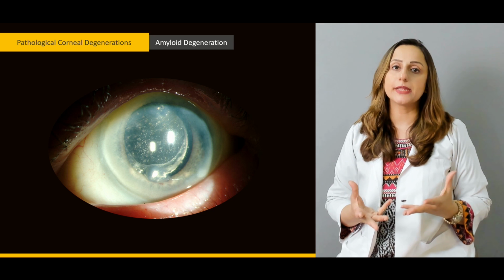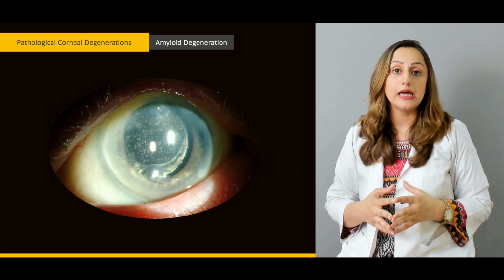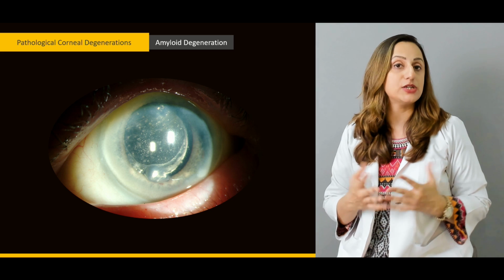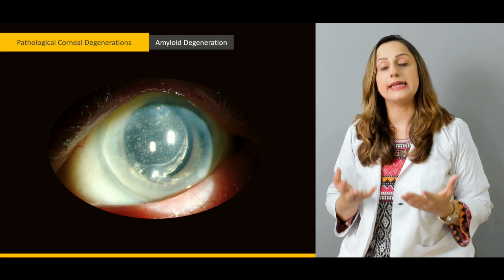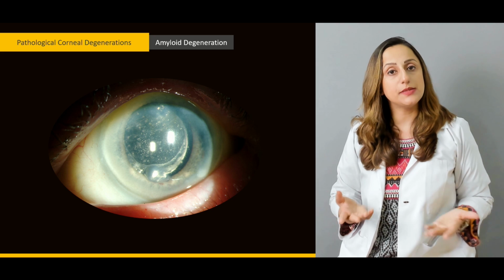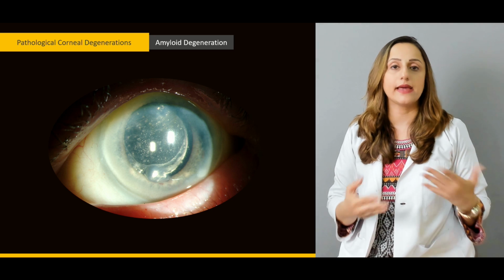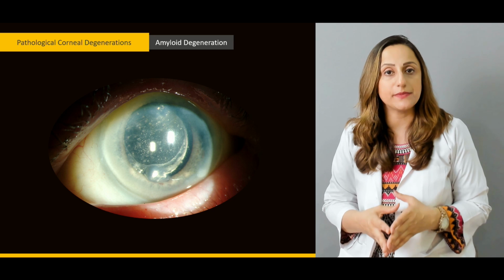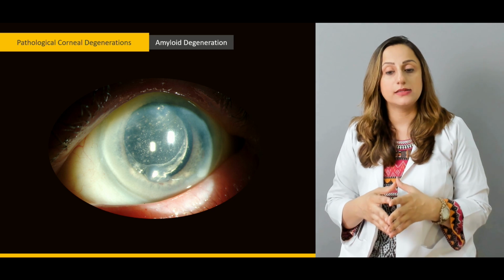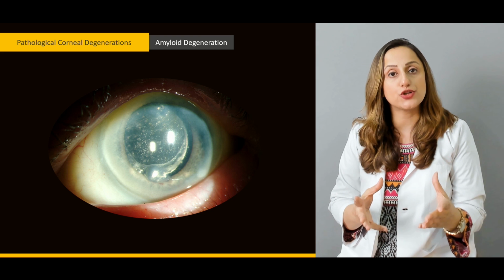The patient would complain of a decrease in visual acuity, of course, and when we run the baseline investigations in these patients, that would reveal that the patient is suffering from amyloidosis, or the patient would be a diagnosed case of amyloidosis and can show up in the outpatient department, and you should know how to relate these two conditions, the haziness of the cornea with the pre-existing condition of amyloidosis.